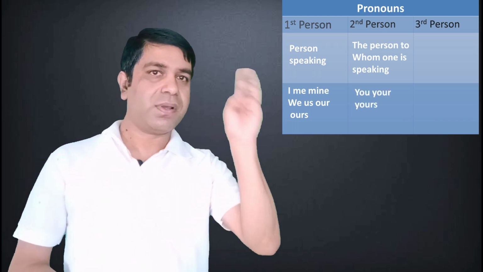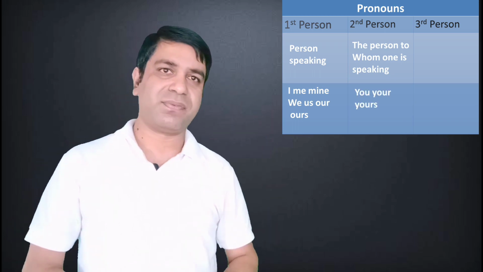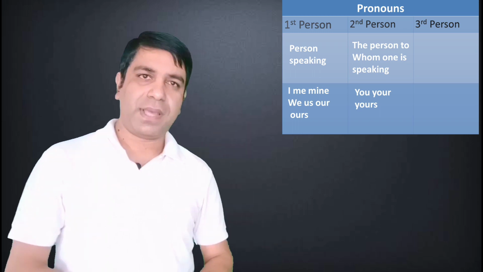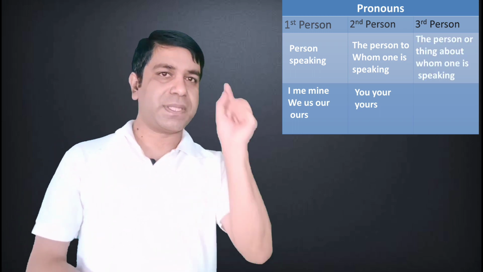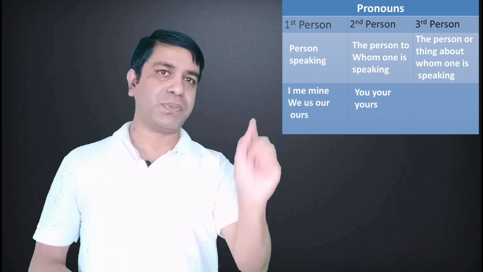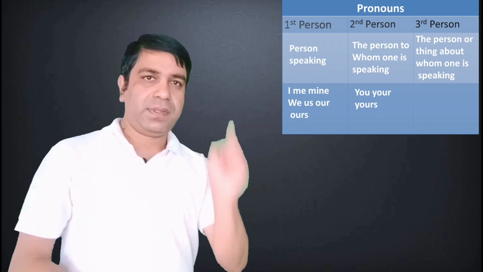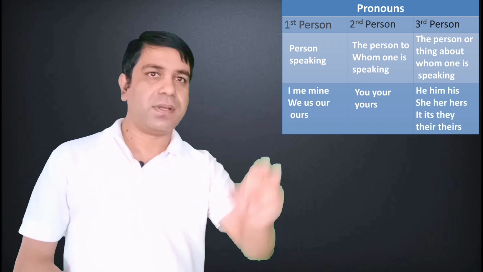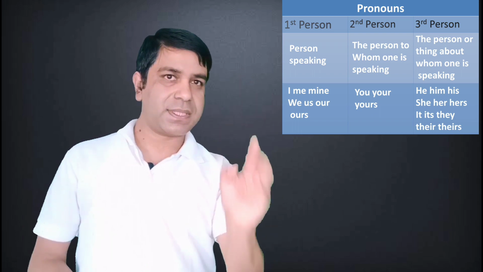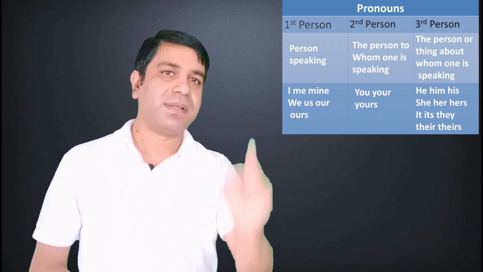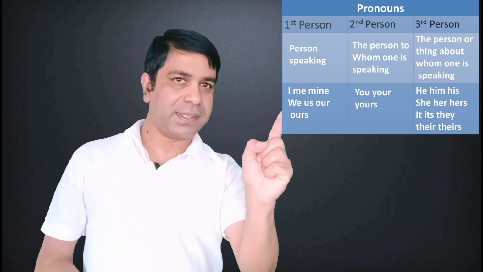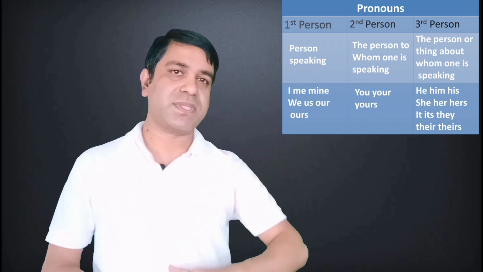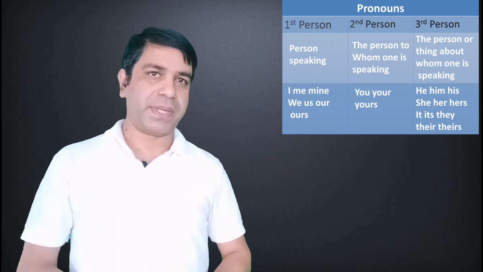You, your, yours are the examples of second person pronouns. And the third person is the person or thing about whom one is speaking. He, him, his, she, her, hers, it, its, they, their, theirs are some examples of third person pronouns.